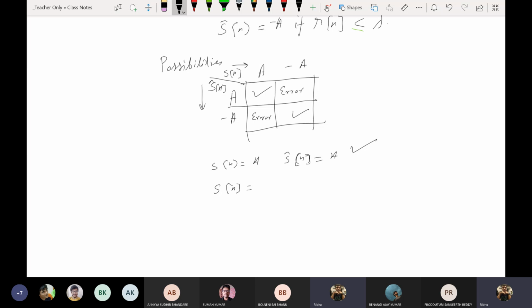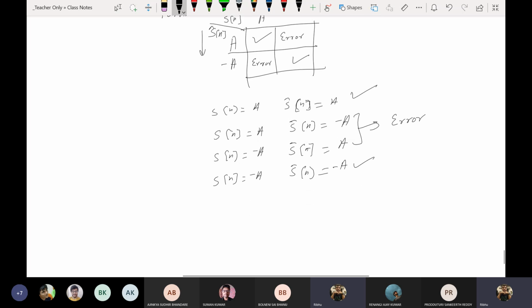Sn equals A with S hat n equals minus A, Sn equals minus A with S hat n equals A, Sn equals minus A with S hat n equals minus A. So these two are correct, and these two correspond to error.